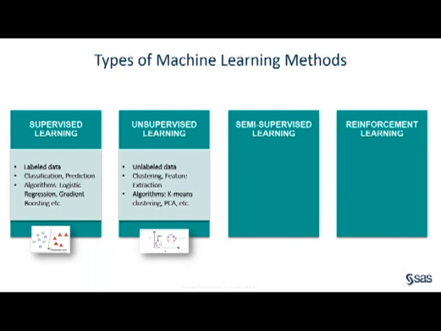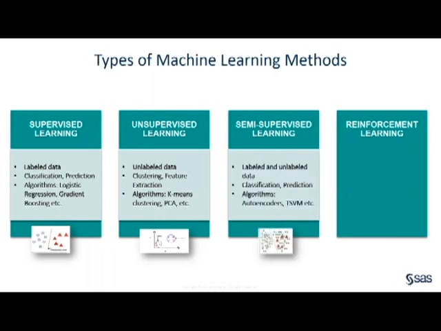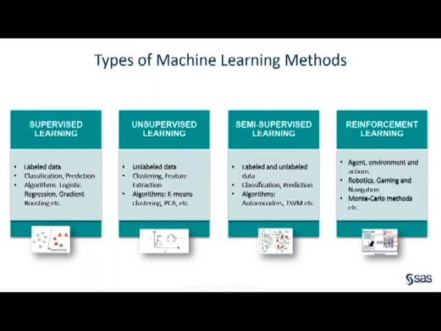And reinforcement learning is where you're basically trying to train an agent using some sort of reward mechanism on good behavior. So it's kind of similar to supervised learning, in which case you know what you want to happen, but it uses different methods. It's very popular in robotics for training a robot how to walk or something like that.